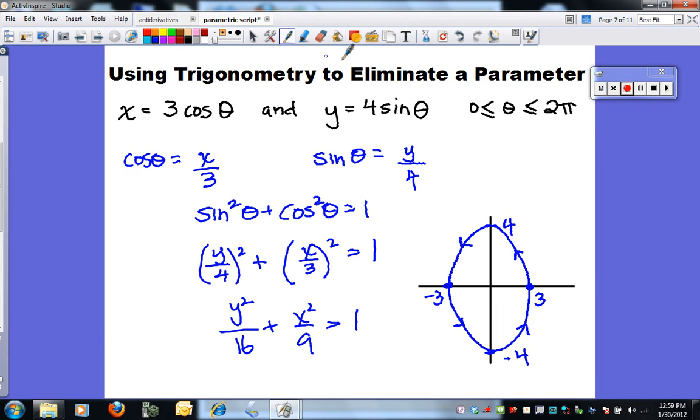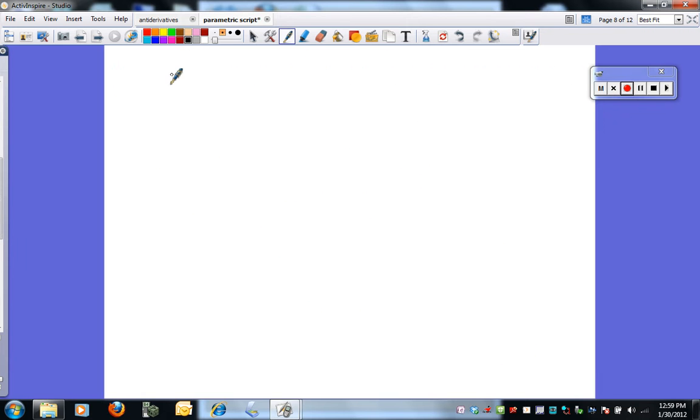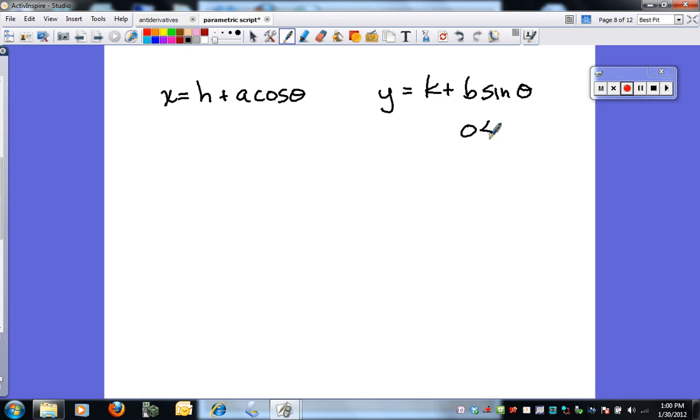So if you wanted to move on and continue, you should be able to notice that if you use the same technique, any parametric equation in this form, x equals h plus a cosine theta and y equals k plus b sine theta, when theta is between 0 and 2 pi, is an ellipse traced counterclockwise, given by this formula.